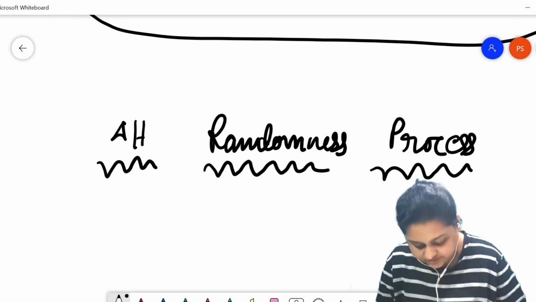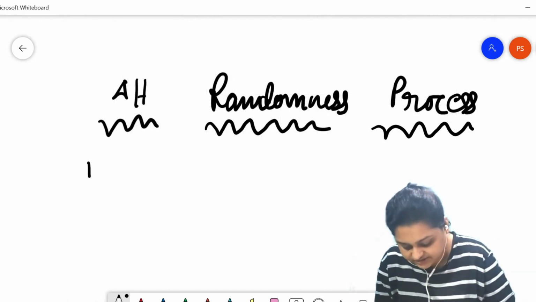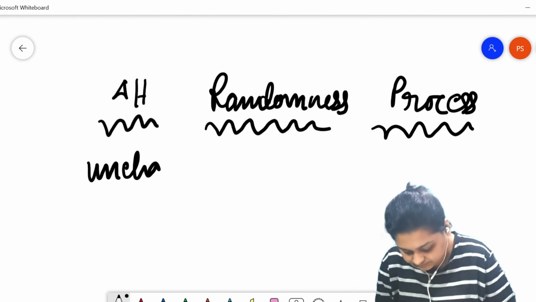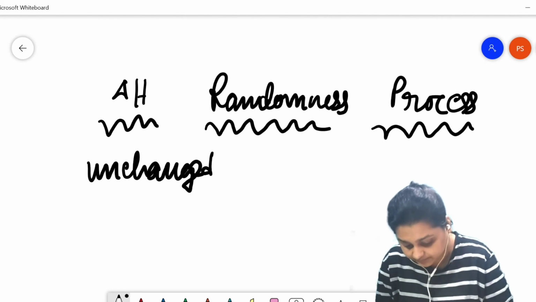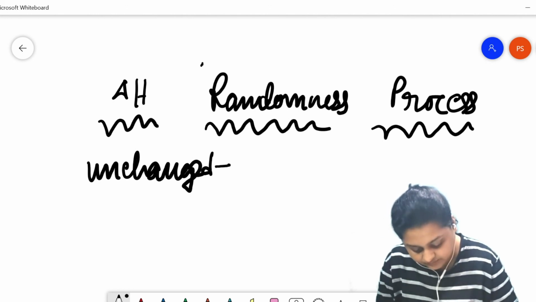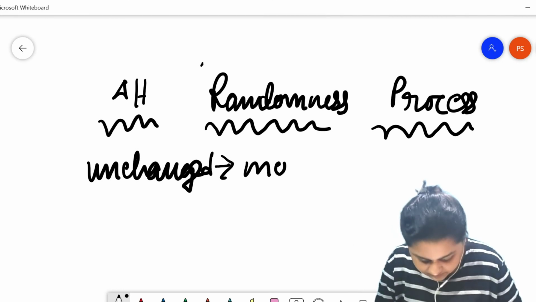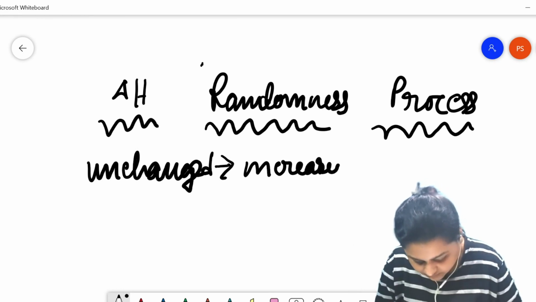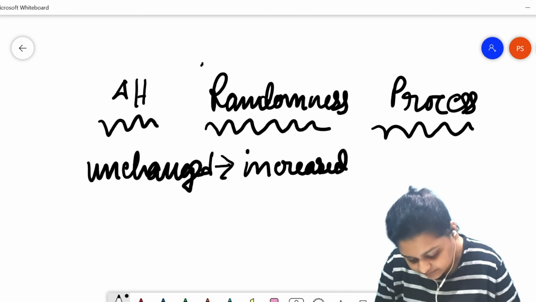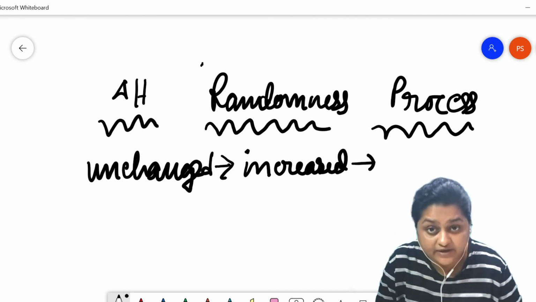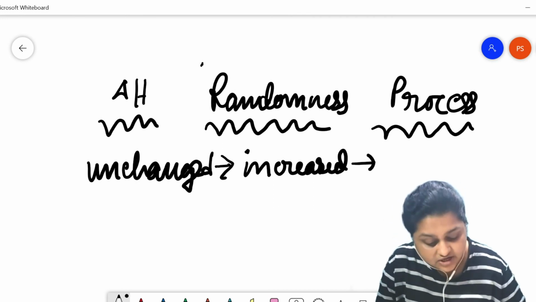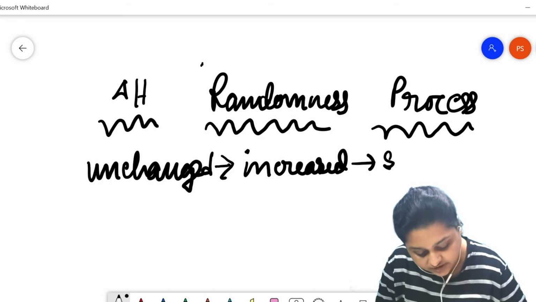Let's see a process in which delta H is unchanged. No change in the delta H occurs, but randomness has increased. In that way, by combining these two factors, randomness and delta H, the process will become spontaneous.